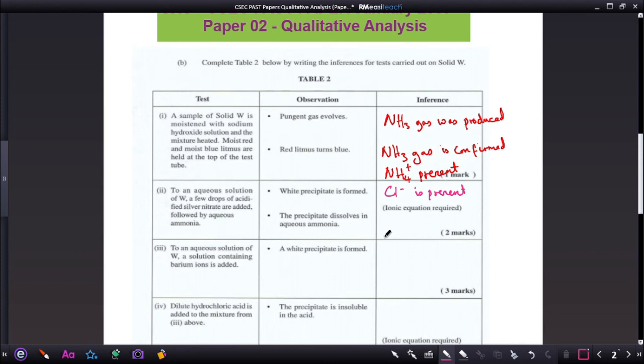The ionic equation for that would be between the silver ion, Ag+, and the chloride ion to give the white PPT, silver chloride, solid. This would be aqueous and aqueous.